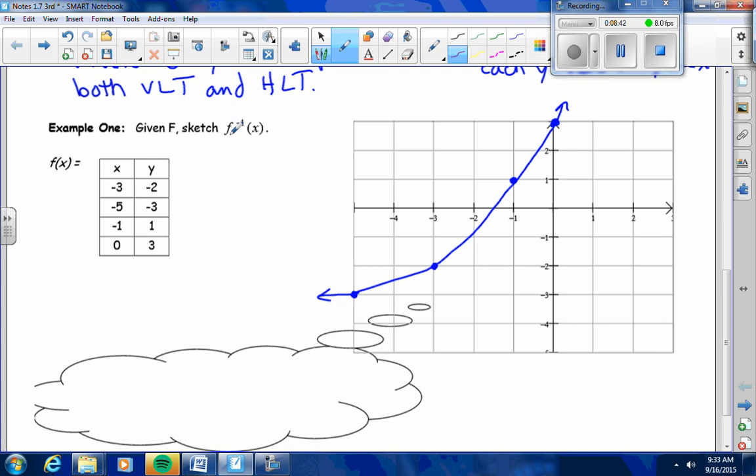So on my inverse graph, f inverse, instead of the x being -3, that's my y value, -3. And instead of the y being -2, that's my x value. So on my inverse graph, I'll have the point -2, -3. So let's plot that one, -2, -3.